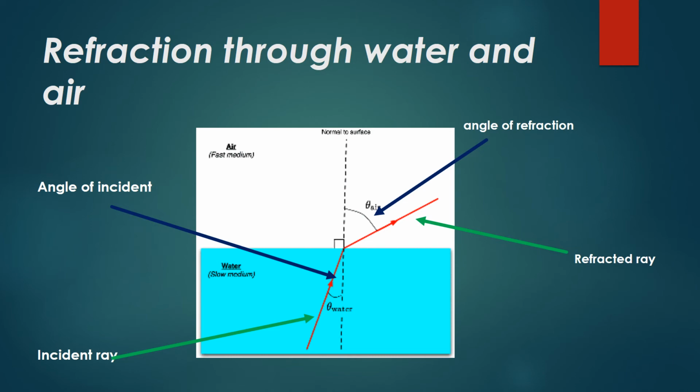So we can see the refracted ray is going away from the normal, and the angle of refraction is larger than the angle of incidence.